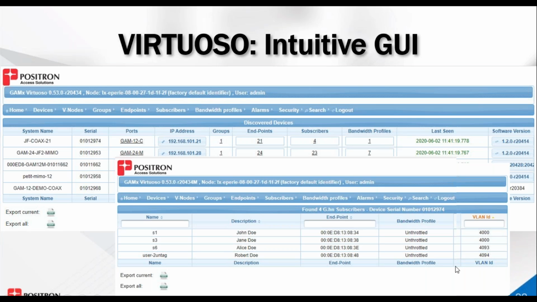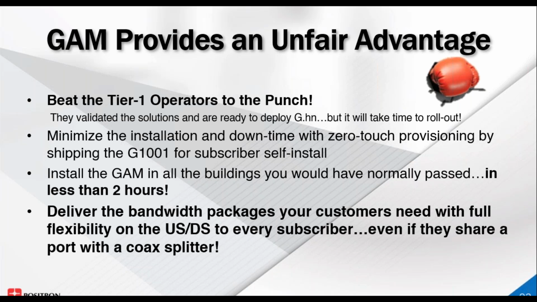So the GAM can do single or double VLAN tagging, can do VLAN tag replacements. We also have full QoS at layer 2 and layer 3. So you can do rate policing and bandwidth shaping as you see fit. We can prioritize traffic that suffers from latency, like voice over IP and so on. So with this, the GAM really provides an unfair advantage to those operators that are deploying this.